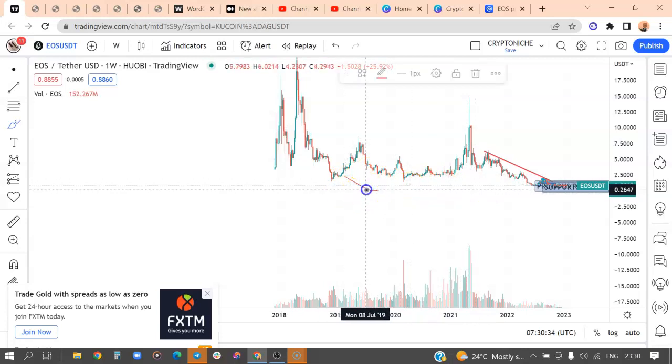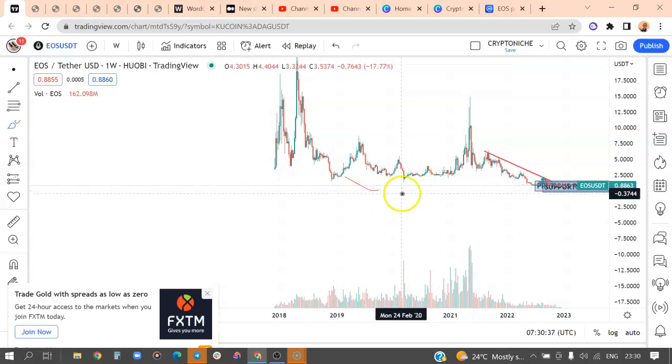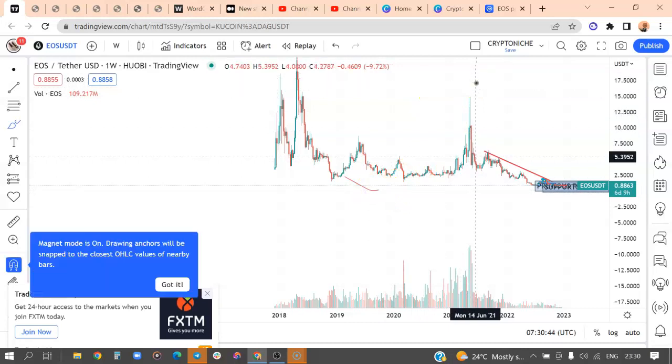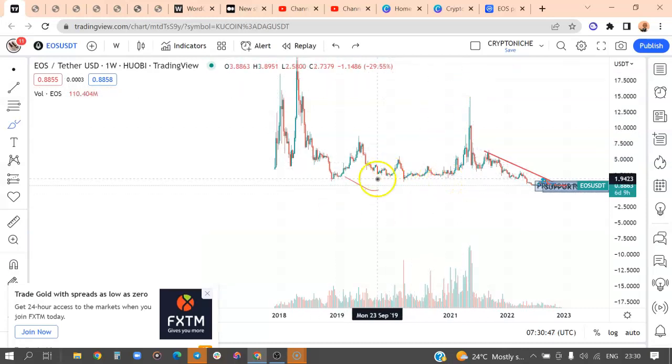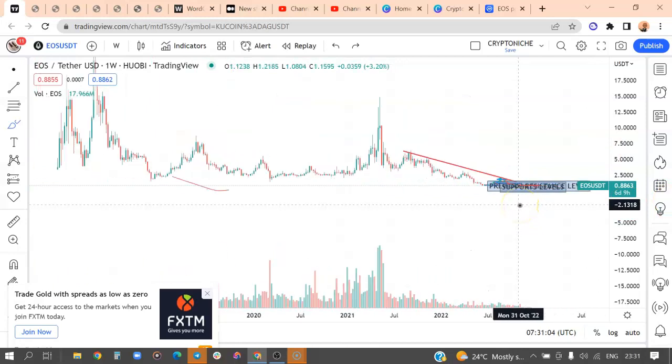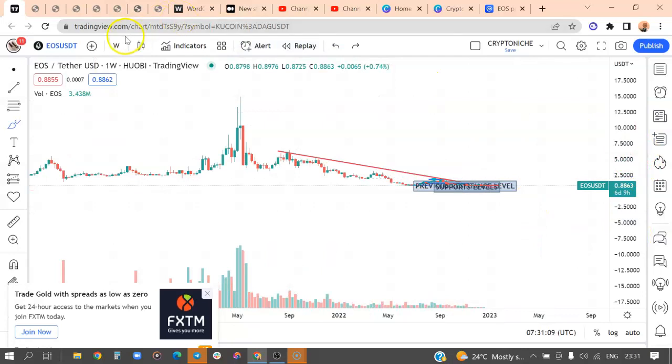So what I'm saying is that some years back, EOS was trading for about 60 cents, 70 cents range, like about 4 years ago, I think 2018, 2019. And if you look at this price history, the support is extremely strong at this region.